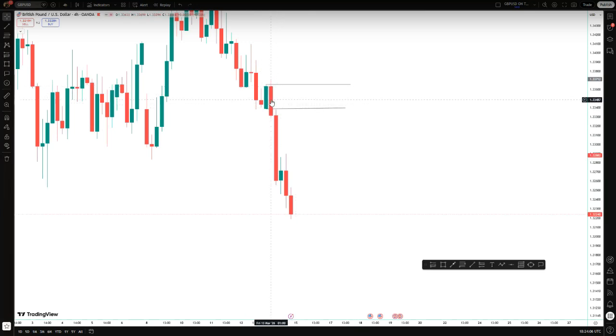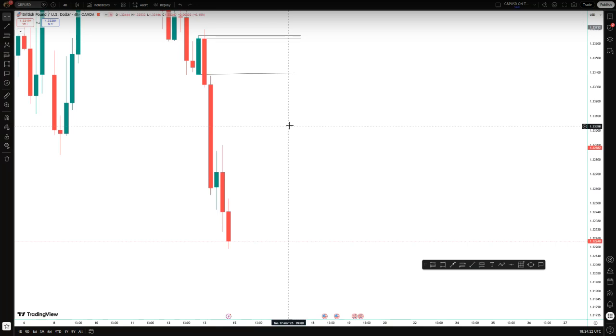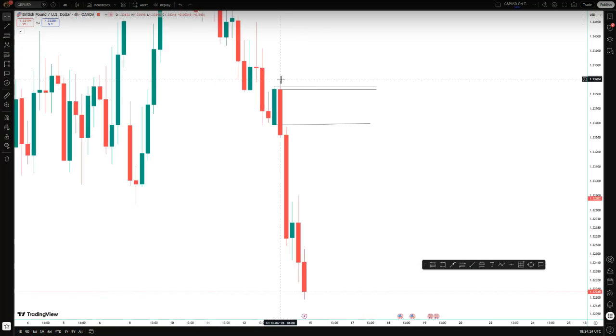And then guess what happened? The market moved and created another candle at this point. I'm very sure you can see it. This candle went up a bit to this point, and then boom, came back to the origination, and then went down and broke it, and ended here.